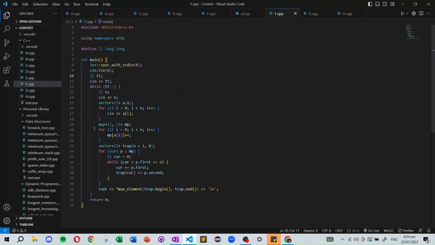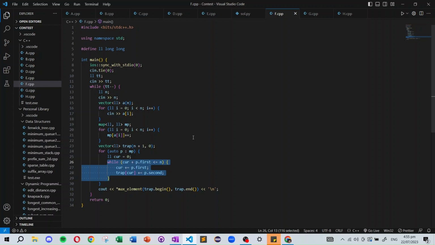So the easy fix is to store a sub i in a dictionary with their count, and then create an array of the points from 1 to n, the possible places where the trap can be on, and you iterate over the distinct values of a sub i.